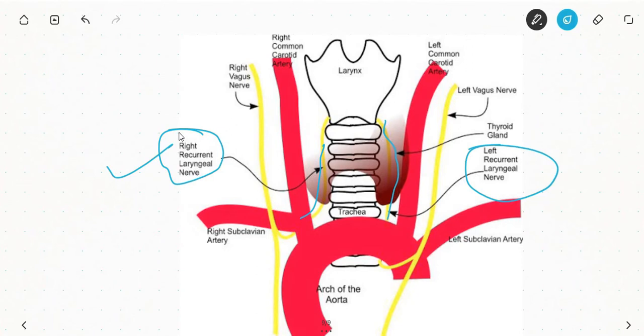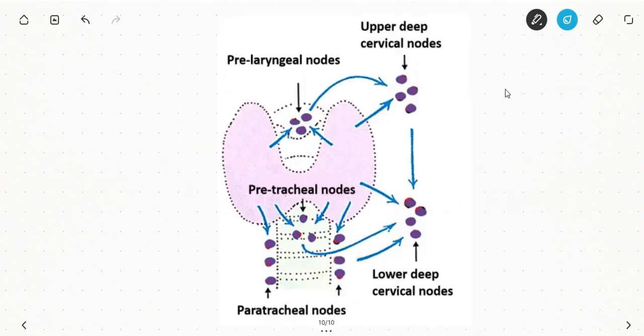The recurrent laryngeal nerve is a branch of the vagus nerve that hooks around the ligamentum arteriosum on the left and the subclavian artery on the right. So close to the gland, the nerve lies in between the branches of the inferior thyroid artery.